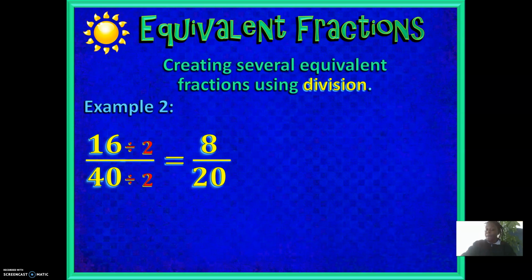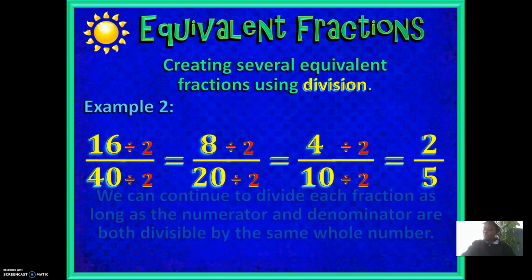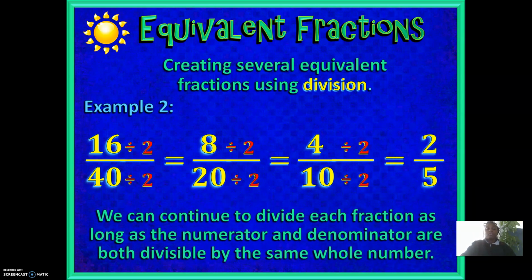If I divide that by 2, I can get an equivalent fraction of 4/10. If I divide that by 2, I can get a final equivalent fraction of 2/5. The reason why I'm saying final is because we can continue to divide each fraction as long as the numerator and the denominator are both divisible by the same whole number.